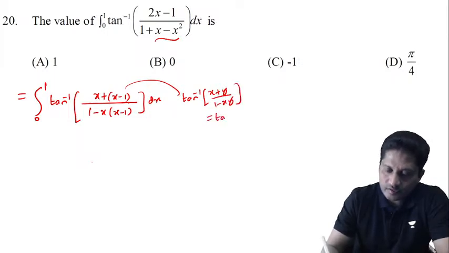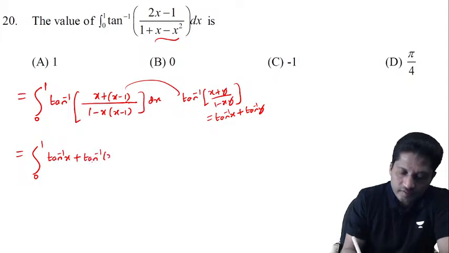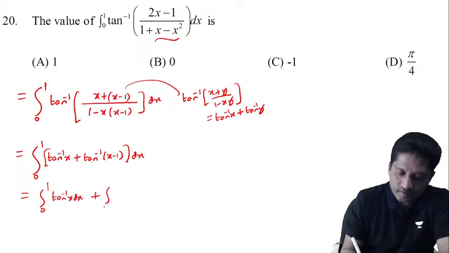Formula will be tan inverse of x plus tan inverse of y. 0 to 1 tan inverse of x plus tan inverse of x minus 1 and then dx. This is 0 to 1, okay, and then tan inverse of x plus this is 0 to 1 tan inverse of x minus 1 dx.